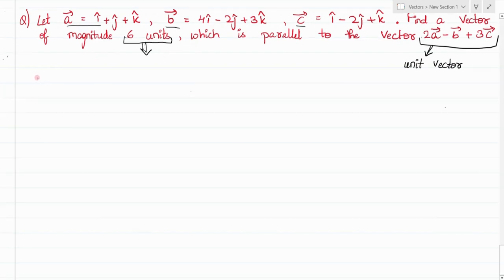To find the required vector to this question, first we need to assume any vector. Let's assume as u vector, which is nothing but 2 times a vector minus b vector plus 3 times of c vector.